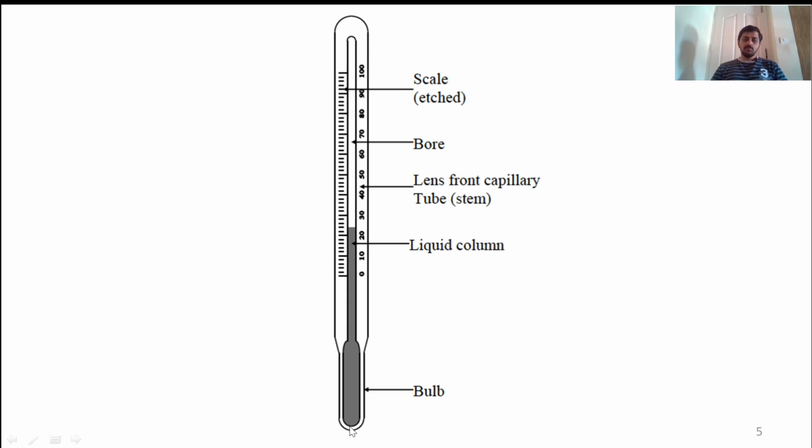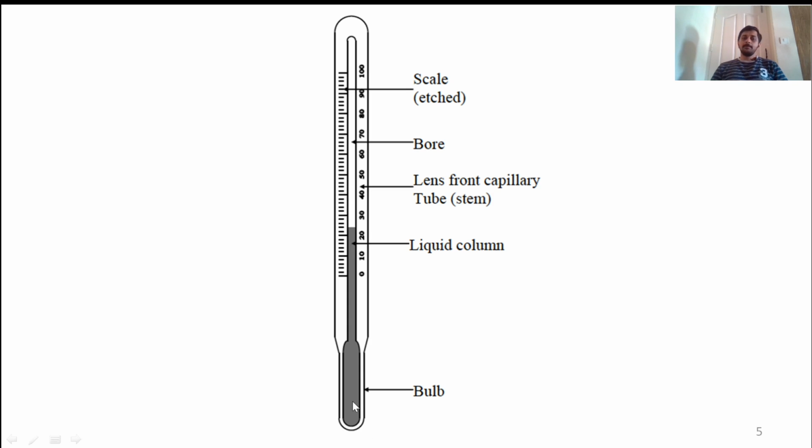Now since the mercury and the bulb are in contact with each other, they will establish thermal equilibrium with each other separately. So system B is the mercury, system C is the surface, and system A is the bulb or glass tube.